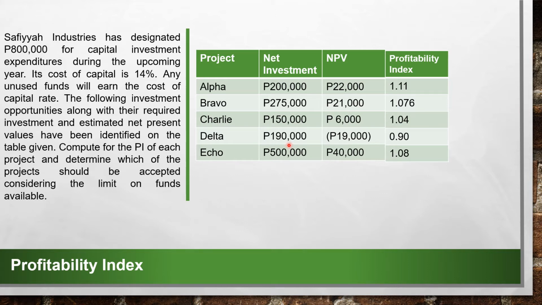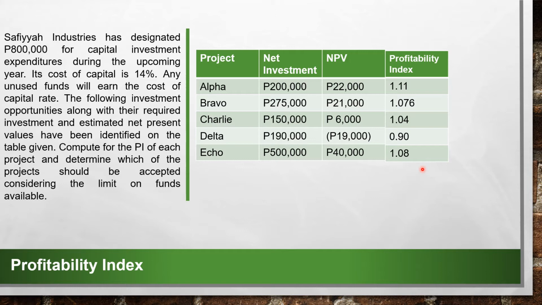Okay, for Bravo, we have 296,000 divided by 275,000, we get 1.076. So you just do the same procedure. For Charlie, we have 156,000 divided by 150,000, 1.04. For Delta, we have 171,000 divided by 190,000, we get 0.90. For Echo, we have 540,000 divided by 500,000, we have 1.08.